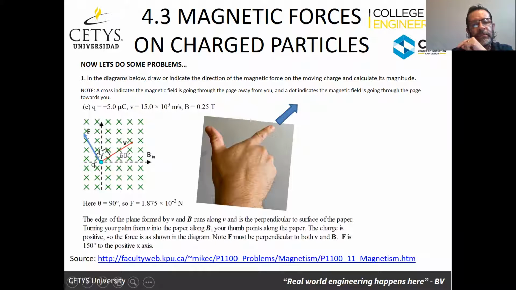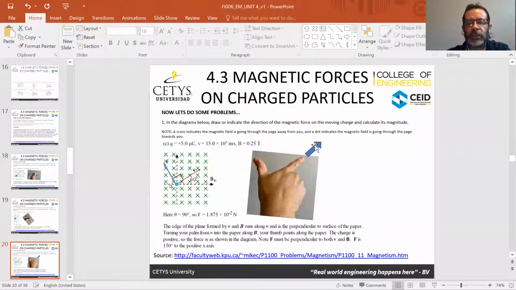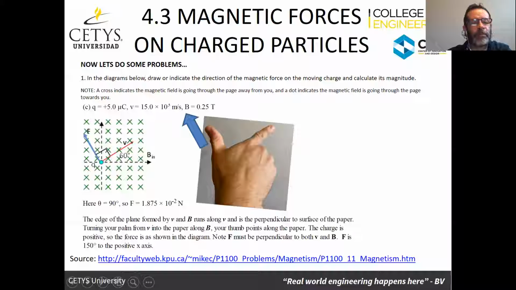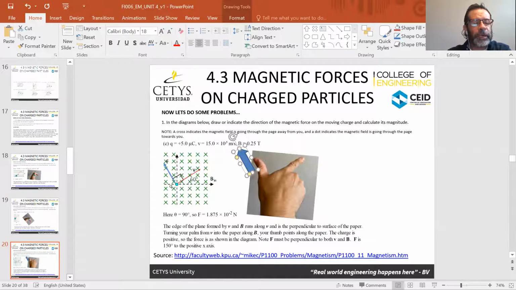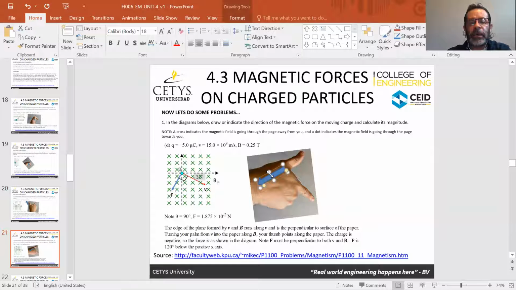Okay, because the velocity is going outwards, and therefore the thumb points upwards in this direction, which is the force that's indicated here. Let me also do a quick adjustment here. I'm sorry. We're actually talking about the force or the thumb. Okay, so that's actually the vector. It's the thumb that we're looking at.